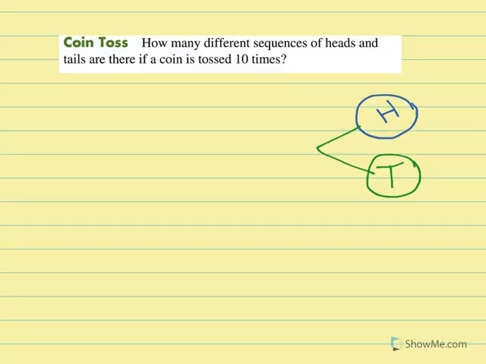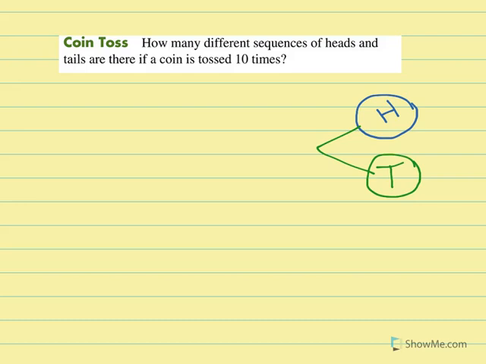All right, another example, we have a coin toss experiment. How many different sequences of heads and tails are there if a coin is tossed 10 times? So we have to give ourselves an easy example first. If I toss a coin only once, what are the possibilities?